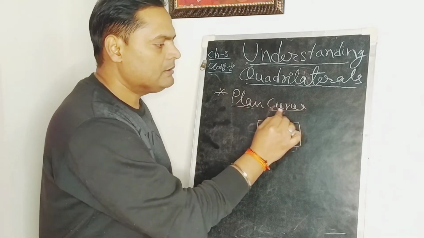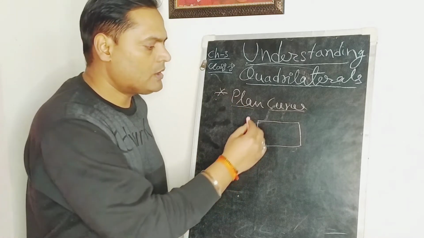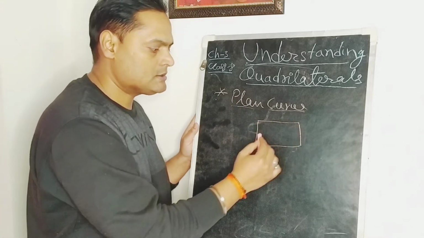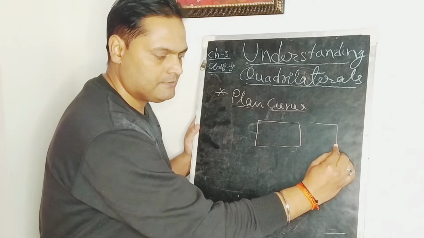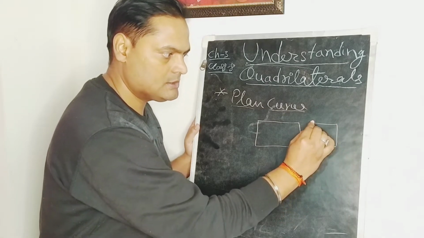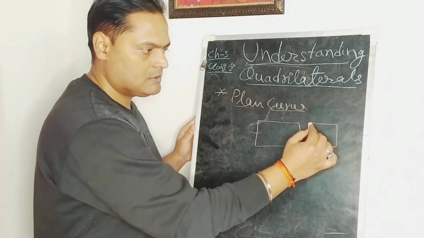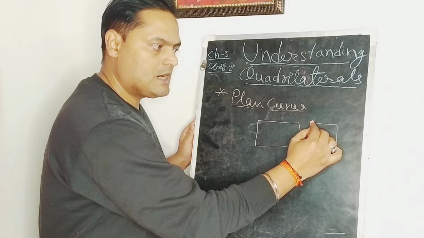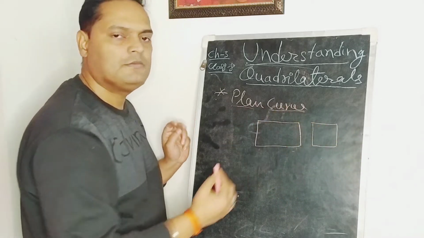So this is a plane curve. We also remember we do not need to repeat these lines. Once I have started, for example this is a square, I have not repeated the lines. Just starting from here, I draw a closed curve figure.